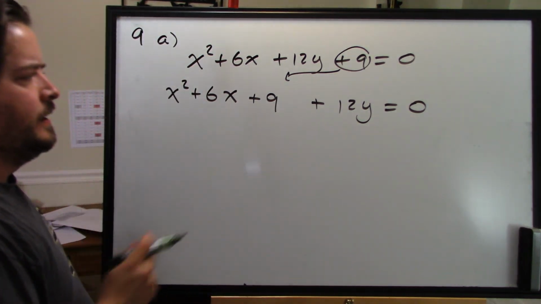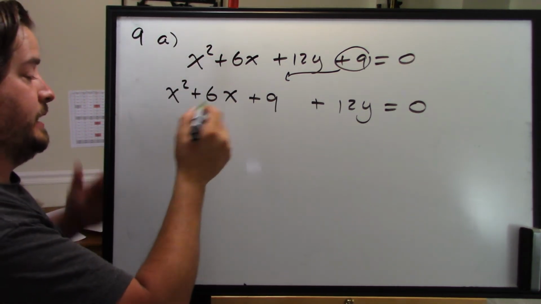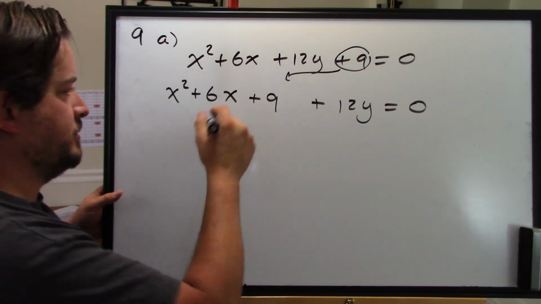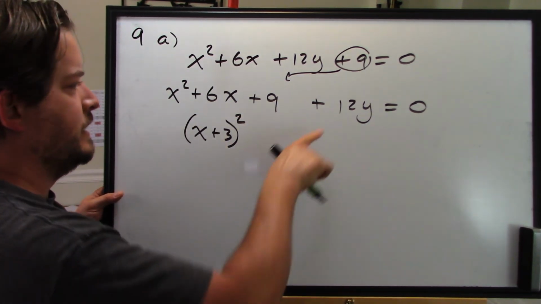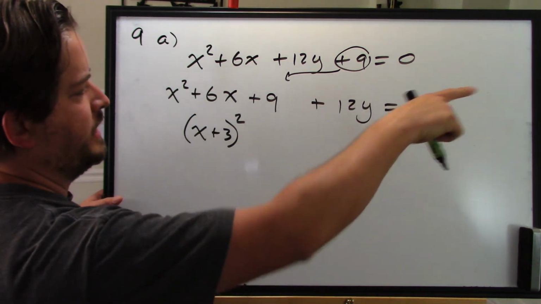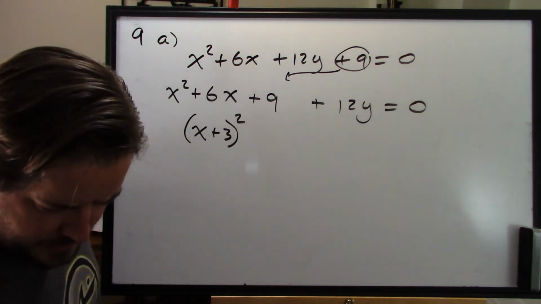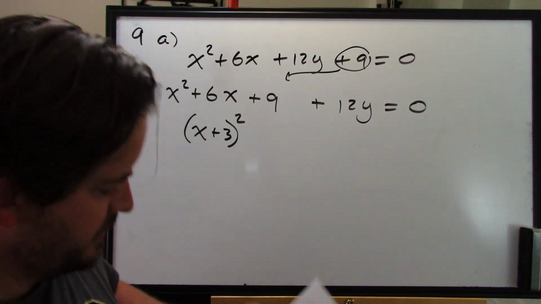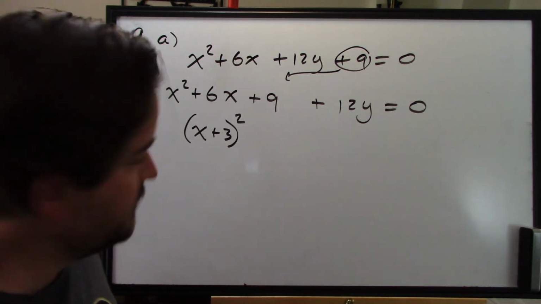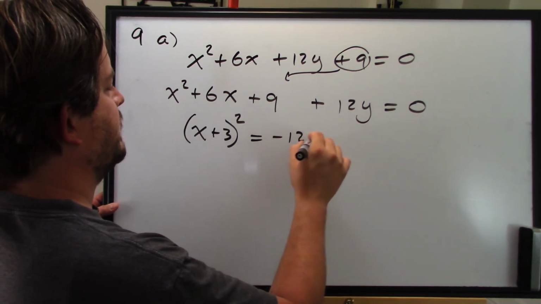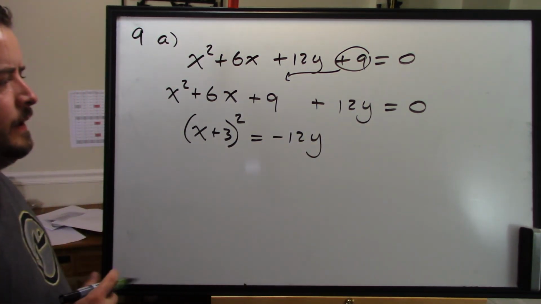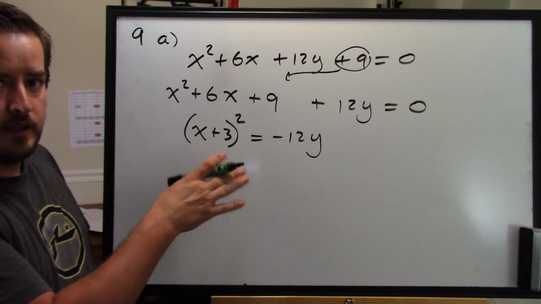And so if I can factor this, well, I can factor this. I designed it to be factorable down to x plus 3 squared. I'm going to shove my 12y off to the other side. Something tells me that was squared when I was looking at it earlier. It is not, though. All right. So this is then equal to negative 12y, right? And you should be able to recognize this as a parabola.